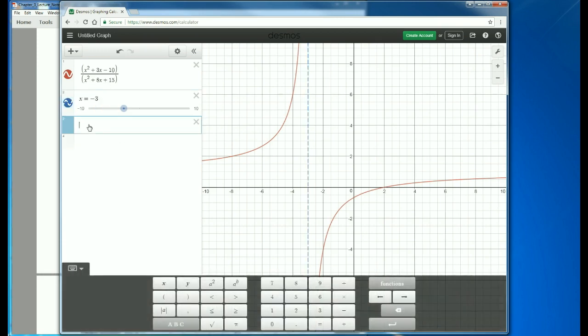Another thing we can do is add in that removable discontinuity. If you look back up on your page, when we canceled the common factor, the function was reduced to x minus 2 over x plus 3. Now we know that the discontinuity occurs at x equals -5.